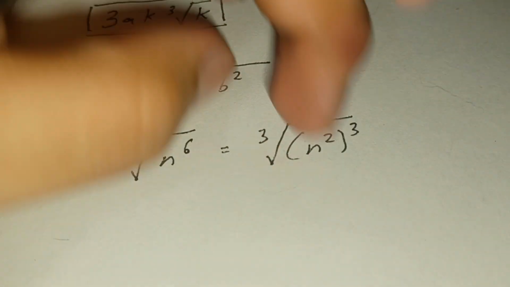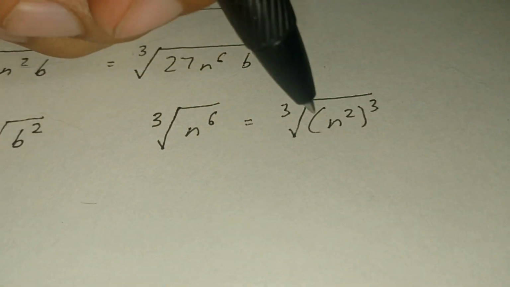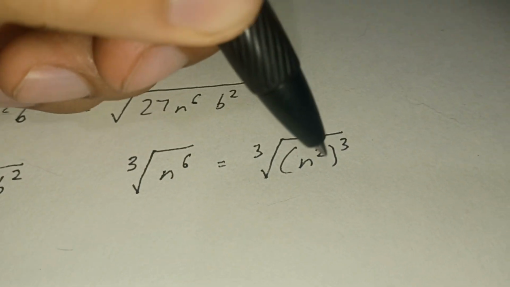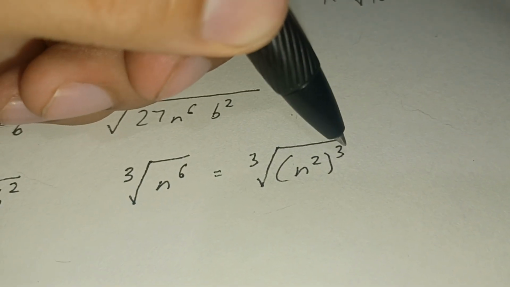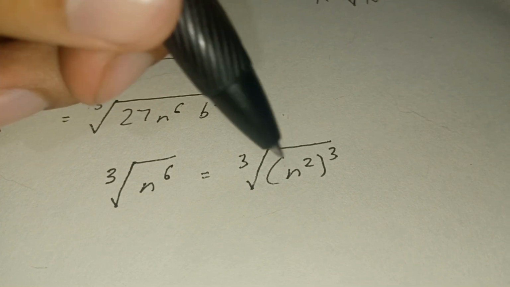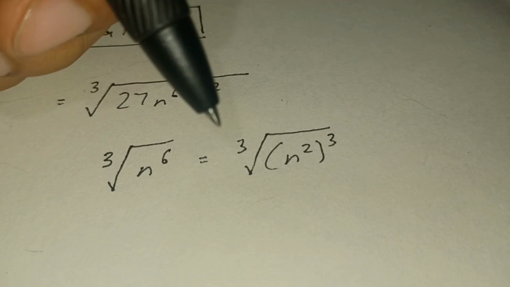So this n to the 2nd power raised to the 3rd power. And when we have an exponent in parentheses raised to another exponent, you multiply these two. 3 times 2 is 6, right? You multiply, this equals that, right? So we have n squared.